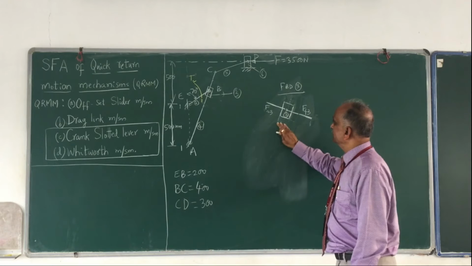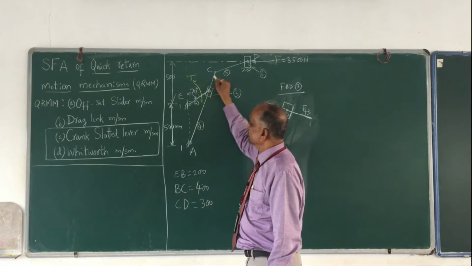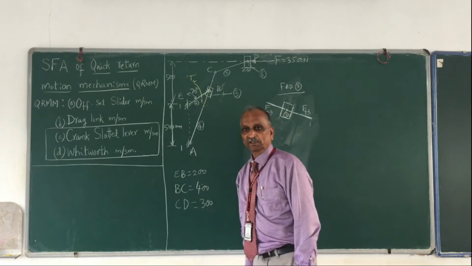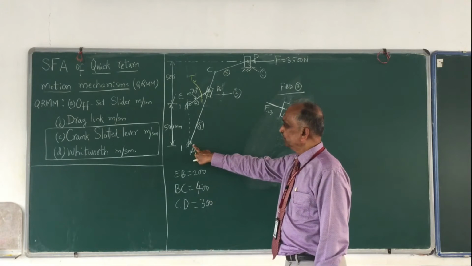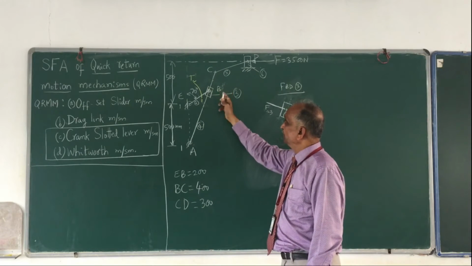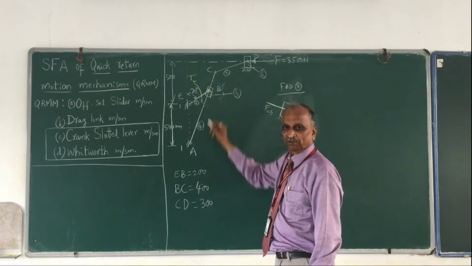Okay. So now let me go to link number 4. This is from here A, B, C. So F14 at A. Then F34, at this point perpendicular.